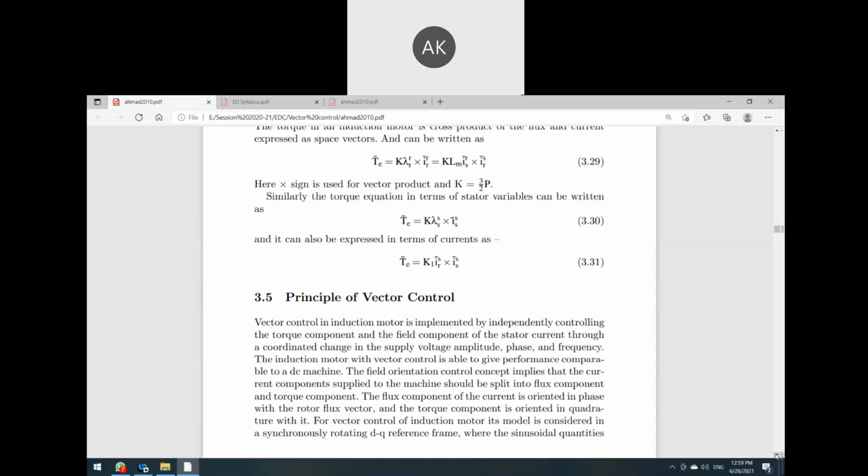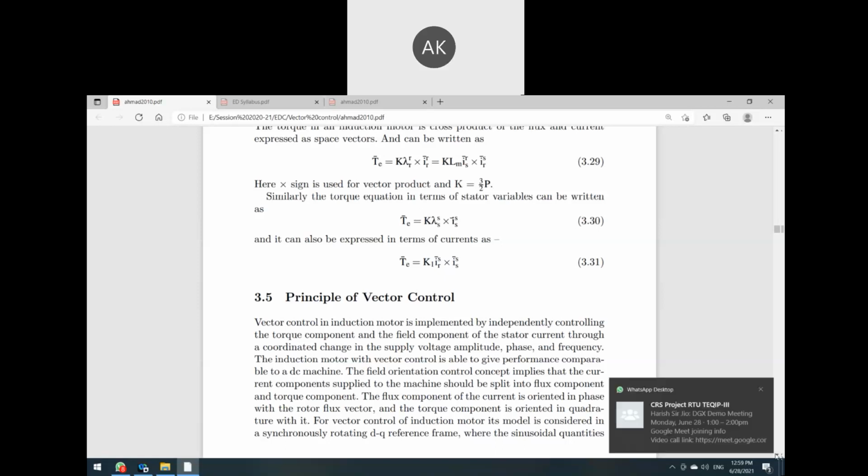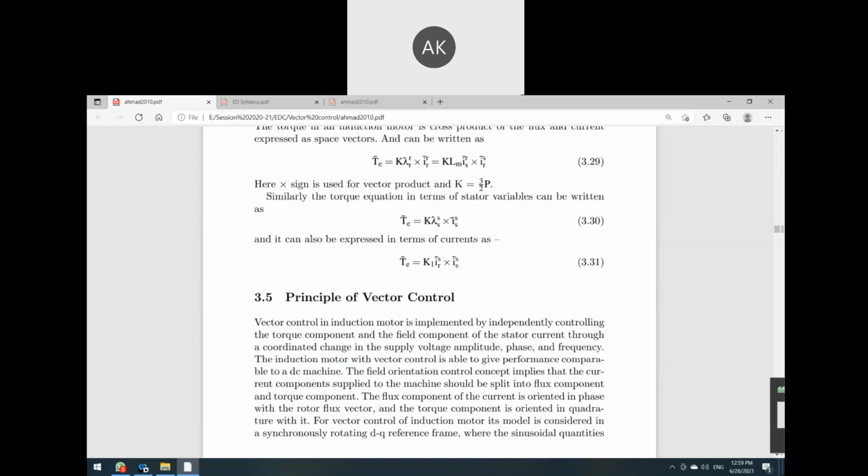The flux component is responsible for controlling the flux, and the torque component is responsible for controlling the torque. So we split the current into the flux component and the torque component in the vector control method.